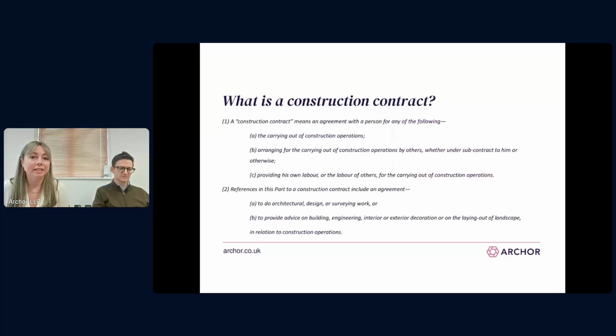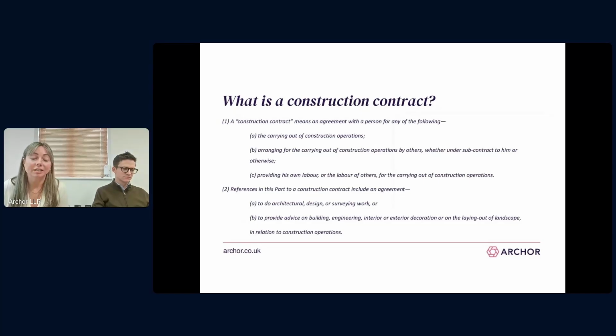So just to briefly recap from what we said in session 2, a construction contract is any agreement for the carrying out of construction operations. It's any agreement for the arranging of the carrying out of construction operations. So what this is basically saying is even if you subcontract it, you're still caught by it, and any labour contracts.